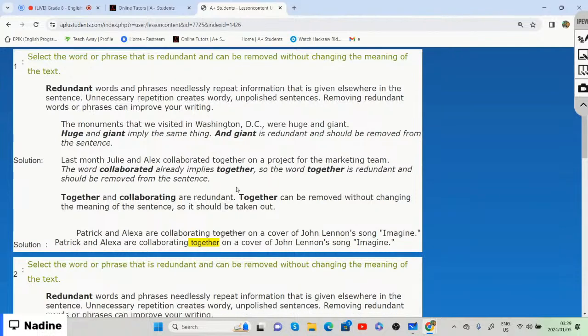All right. So we said that redundant words and phrases repeat information that is given elsewhere within a sentence. Unnecessary repetition creates wordy, unpolished, or lengthy sentences, and by removing those redundant words or phrases, it can improve your writing.